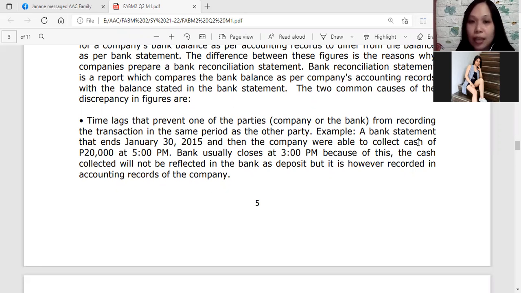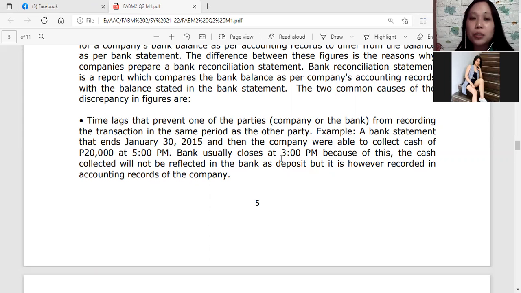So lahi-lahi siyang time. Example here, a bank statement that ends January 30, 2015, and then the company were able to collect cash of 20,000 at 5 p.m. So na sila na-collect nga cash 20,000 at 5 p.m. Okay?